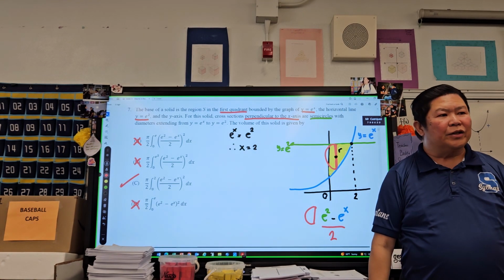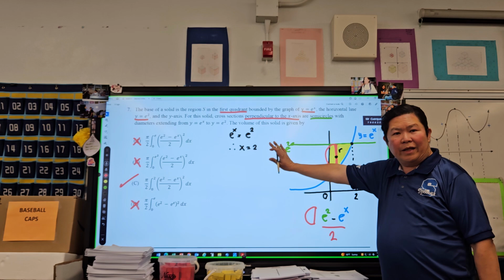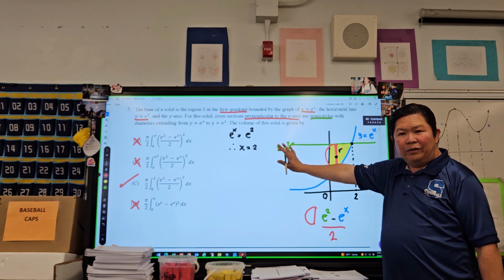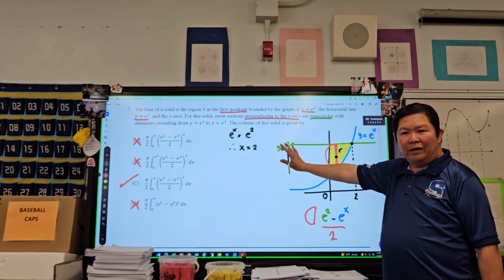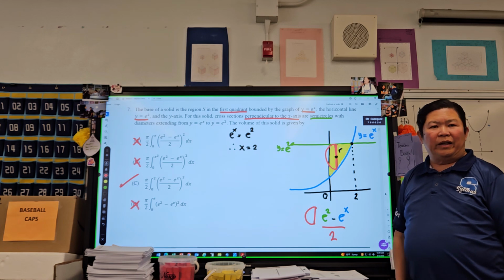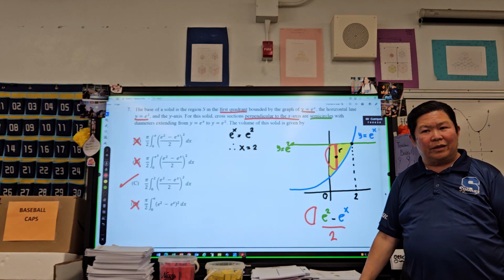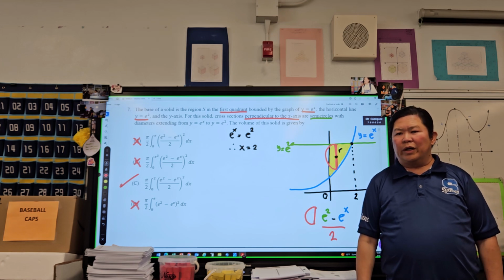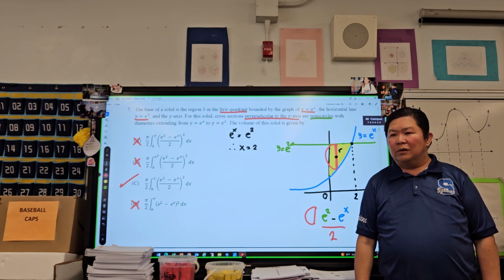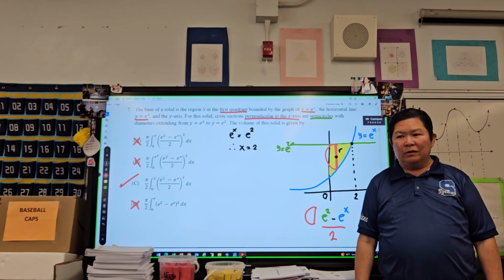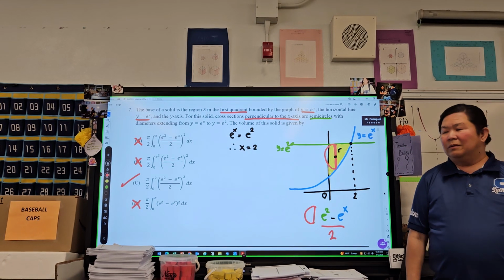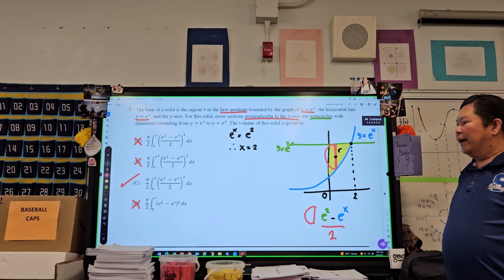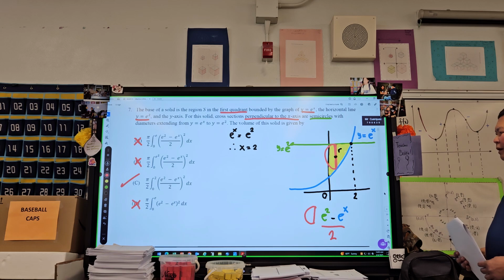From the pi r squared over 2. You want me to discuss? No need, right? But if you want, I can discuss it to you. Again, the formula for this one is pi r squared over 2. Anyway, letter C is the right answer.